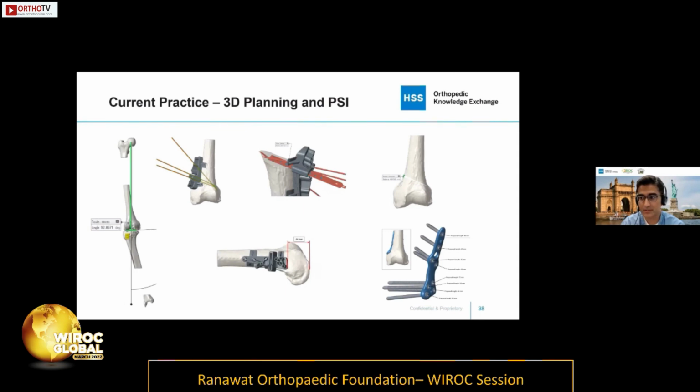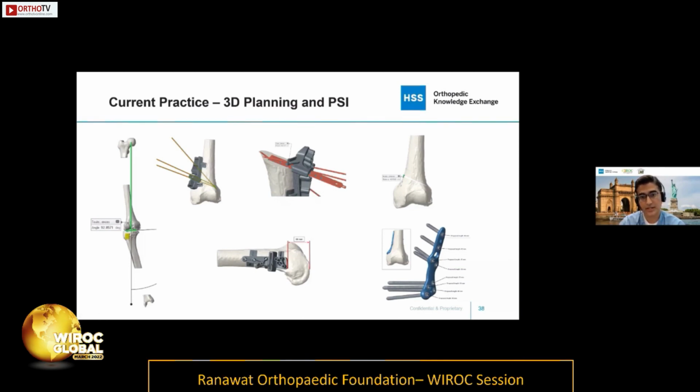My current practice, Dr. Ranawat is going to touch on this. I do all these osteotomies now with 3D planning, with CT, and use custom printed guides. A few benefits really for the novice surgeon like myself. This ensures safety, it ensures accuracy. What you can see on this image here is a hinge pin that protects my hinge.